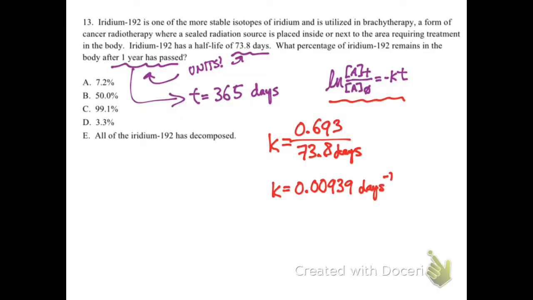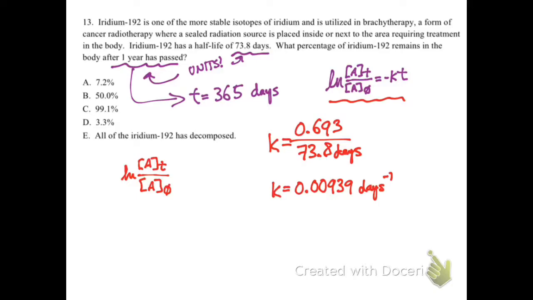So now I'm going to plug in to our integrated rate law. So we have the natural log of a sub t divided by a sub 0, or n sub t divided by n sub 0. And remember, this a sub t divided by a sub 0 is the fraction of reactants remaining. This is what we're trying to find.